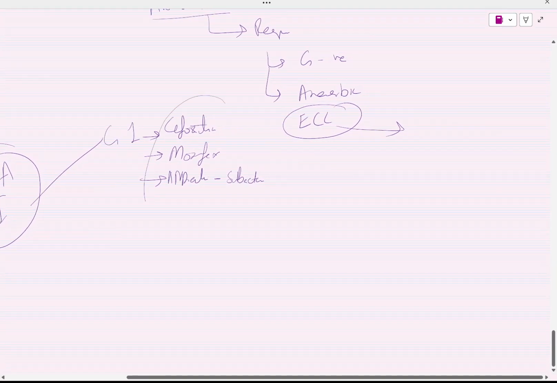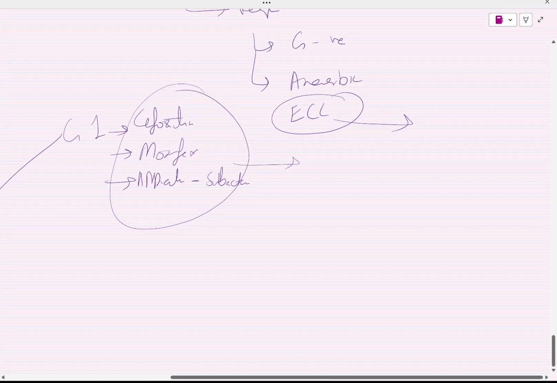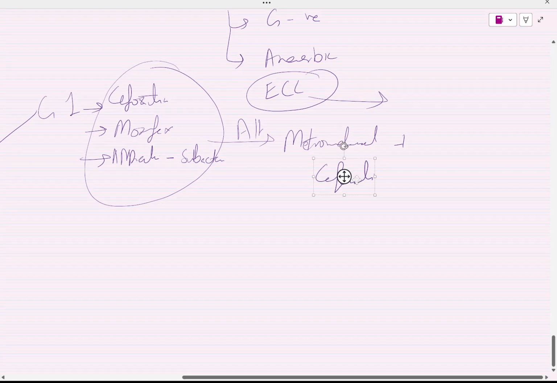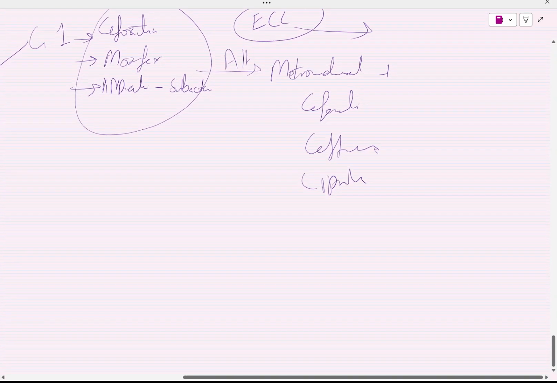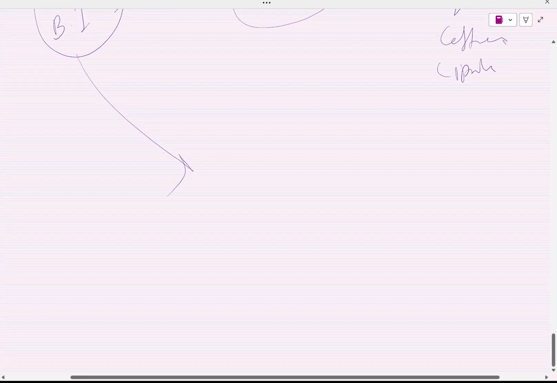You can give these drugs in community acquired biliary infections, and the alternative drugs you can give are metronidazole plus cefazolin, or cefazolin or ceftriaxone or ciprofloxacin. It's enough to remember.